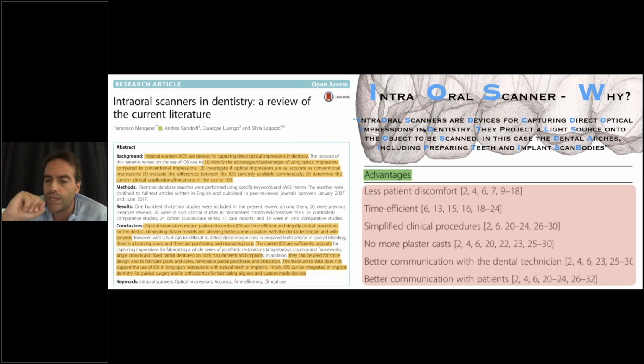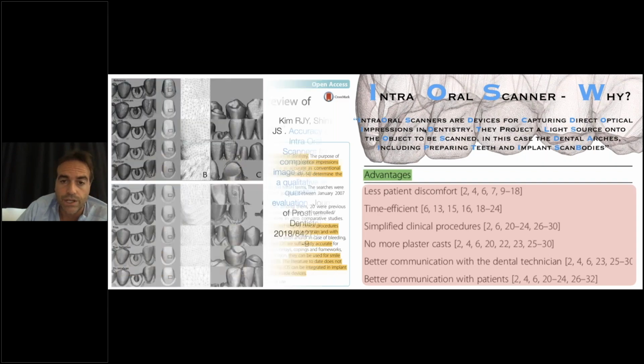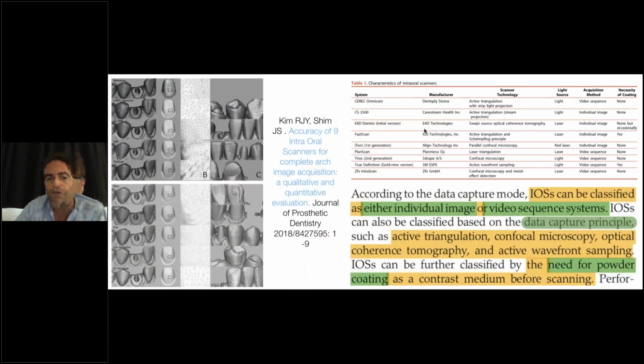We are improving the communication both with the patients, so improving the treatment plan acceptance percentage, and also with the dental team. So we are always on the same page through these great tools.